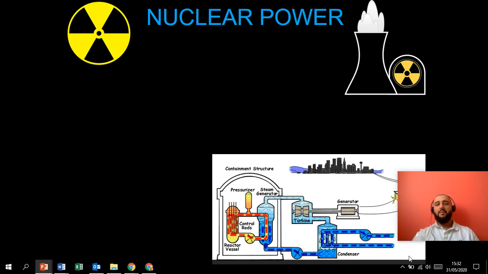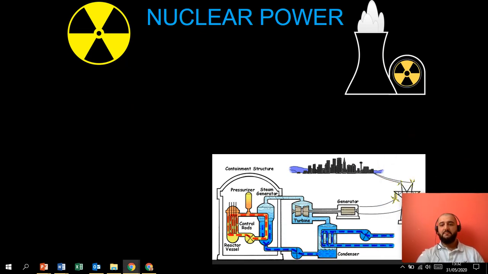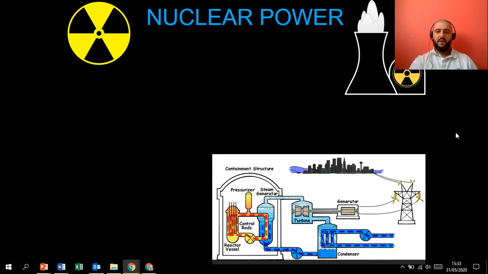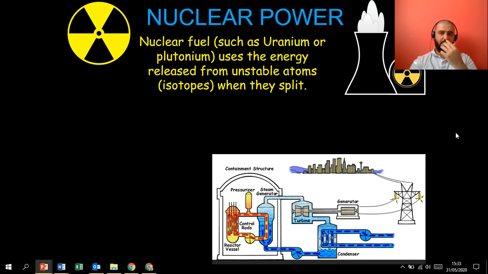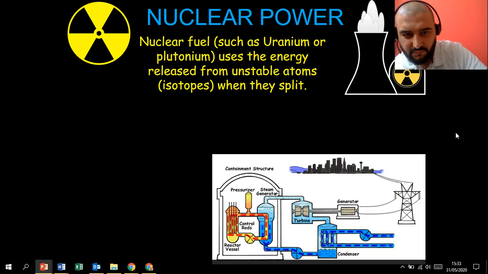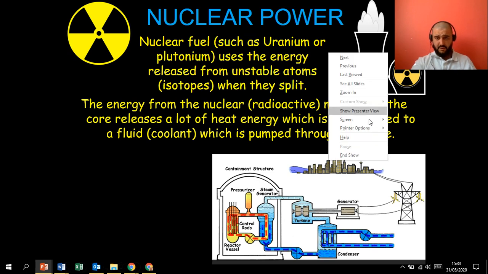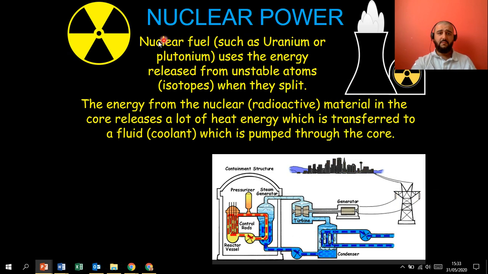Okay, so nuclear power is quite an interesting one. In a nutshell, how nuclear power stations work is we use some sort of radioactive material, usually uranium or plutonium. Again, we'll be looking at this in more detail, but radioactive material has a tendency to break down because it is unstable.